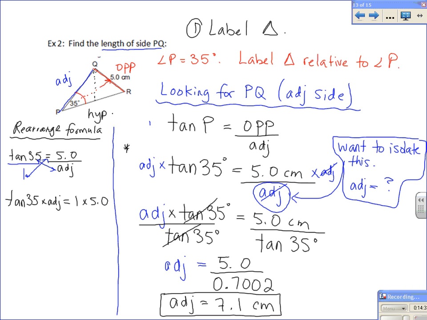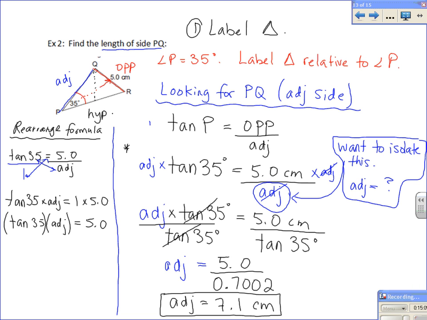This is cross multiplication. When you have an equation that has something in the denominator, you can cross multiply the numerators and the denominators together, and that will bring everything out of the denominator. So now you have the tan of 35, times, I'm just going to use brackets here to show multiplication, times the adjacent is equal to 1 times 5, which is just 5.